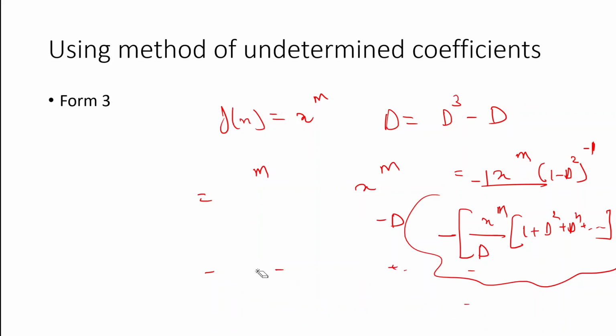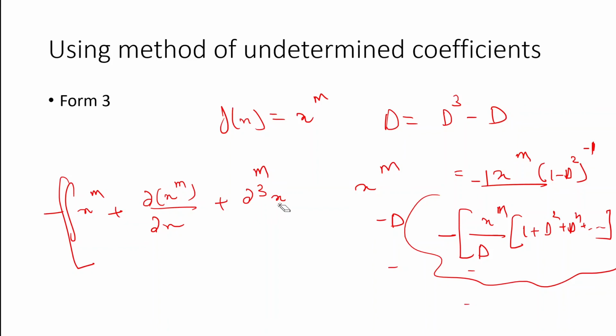Minus x to the power m by d, which means, since the reciprocal of d means integral, so minus integral of x to the power m, let's take the minus out, plus, you can cancel because integral and differentiation cancel, d x to the power m by dx, multiplying x to the power m times d square divided by d, plus d cubed x to the power m, meaning the third derivative, then the fifth derivative, and it goes till infinity.